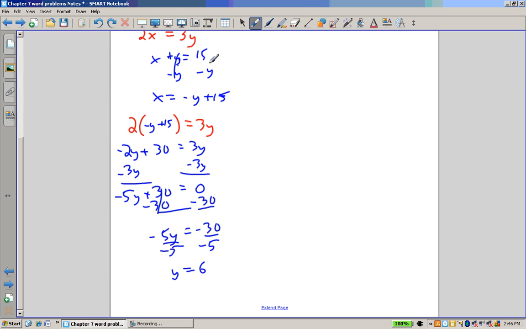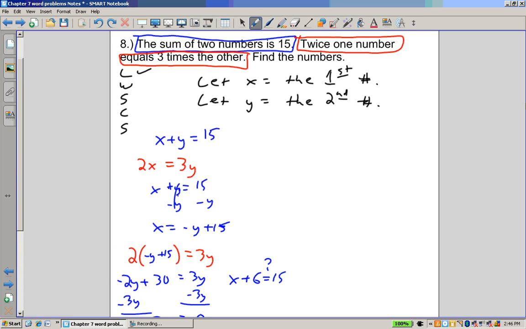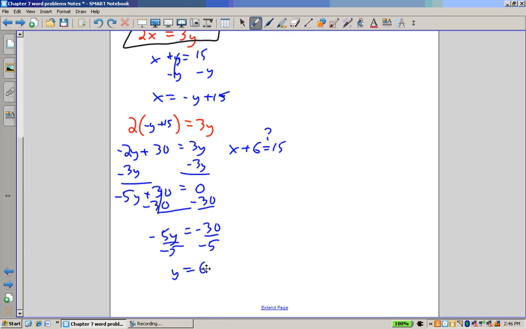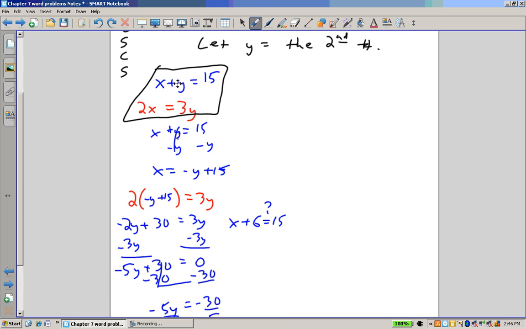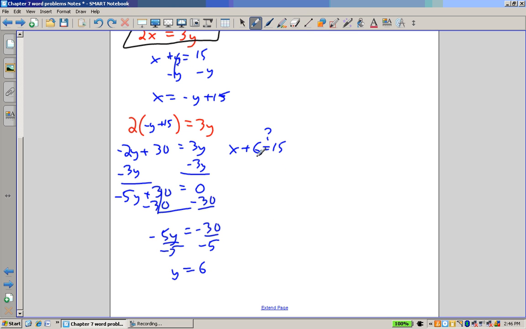X plus y is supposed to be 15, so x plus 6 is 15. I'm going back to my original. These were my original equations. So I'm taking the blue. I think that y is 6, so I'm just going to the blue and putting a 6 right here, so I can solve for x. So x plus 6 equals 15. Subtract 6. X equals 9. So I think I have my x and my y.